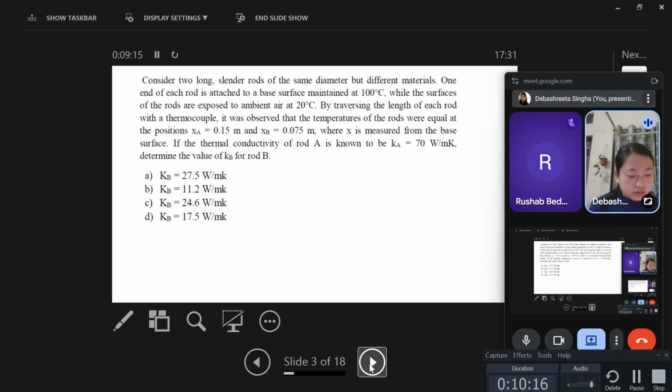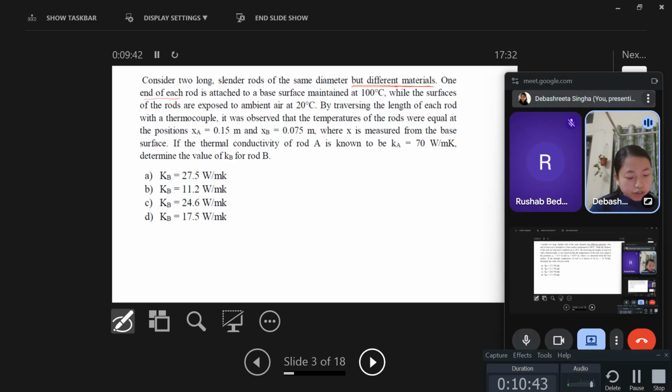This question I just started last class, but I couldn't complete it. So we'll start with this question only. Consider two long slender rods of the same diameter but different materials. By the term different materials, we can infer that the conductivity of both the rods is different.